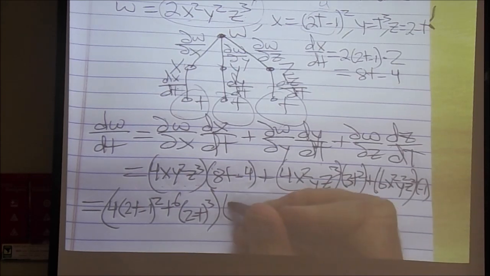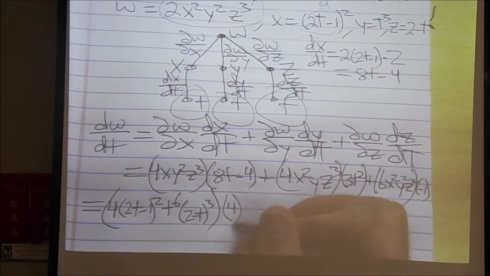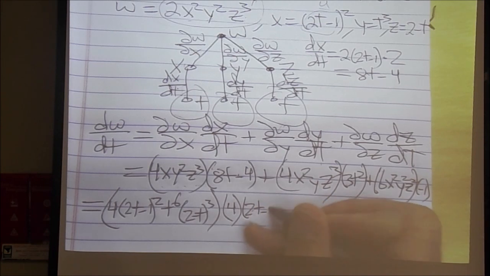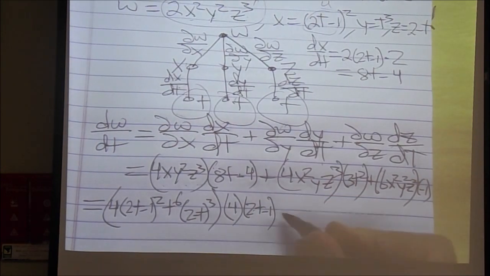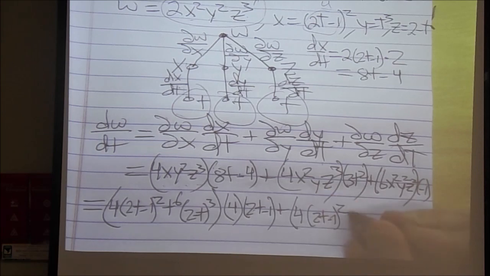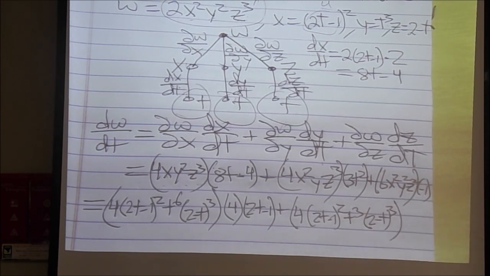Maybe I should write that as 4 times 2t minus 1, since I've got a factor of 2t minus 1 already here. Now I come over to 4x squared is 4 times 2t minus 1 squared. Y is t cubed. Z cubed is 2 minus t cubed. And then all multiplies 3t squared.